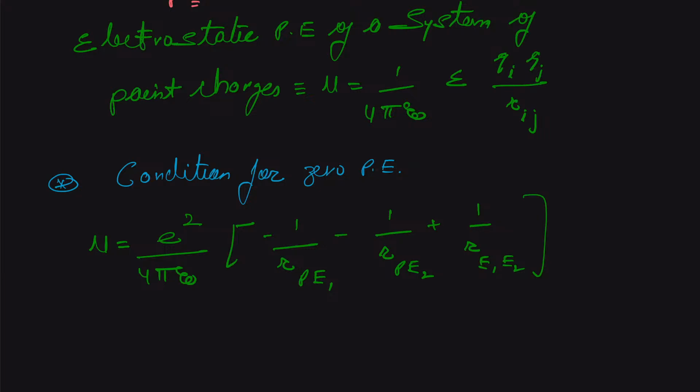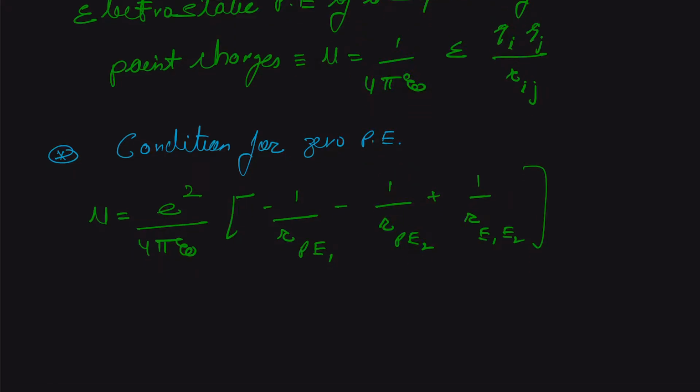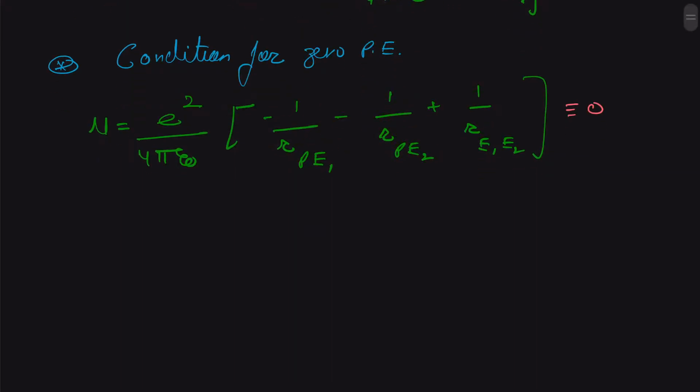We have not fixed the positions of the proton and electrons. We want this to be equal to 0, and therefore we can write that 1 upon R(E1E2) should be equal to 1 upon R(P E1) plus 1 upon R(P E2), the same for the second electron.